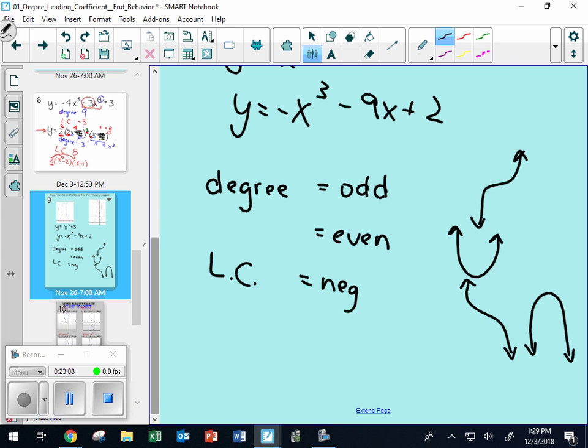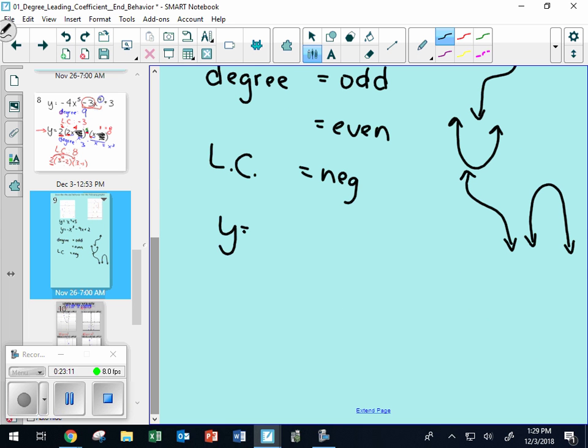Let's think about that. If you have y equals x squared, what is your degree, even or odd? You have an even degree here. And is your leading coefficient positive or negative? It is positive. So if we have this, and this is just a parabola, right? So doesn't our parabola just end up like this?